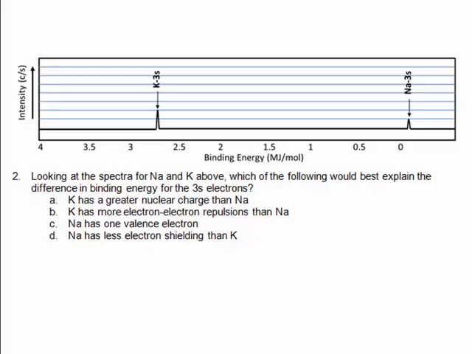Remember, binding energy can be thought of the same way as ionization energy. Why does the potassium peak show up at a much higher energy than the sodium peak? Choices A, B, and C are all true statements, but which one explains the difference in binding energy? The position of the peaks is based primarily on the strength of the nucleus, so A is the correct answer.